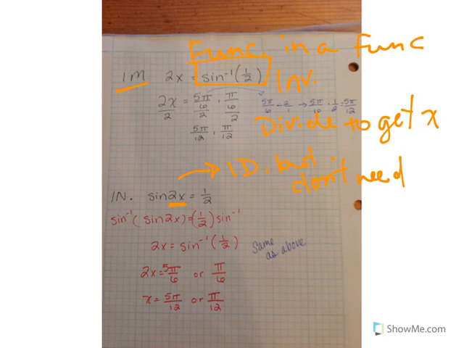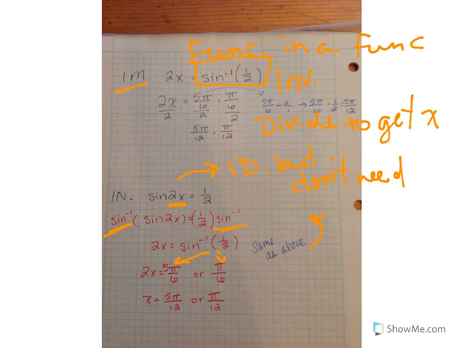So looking down here at 1n, I need to get the 2x from outside of the sine, so that's why I take the inverse sine of both sides. So then I'm left with 2x equals the inverse sine of 1/2, which I know has 2 answers.